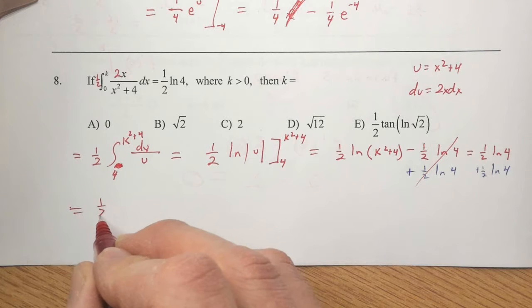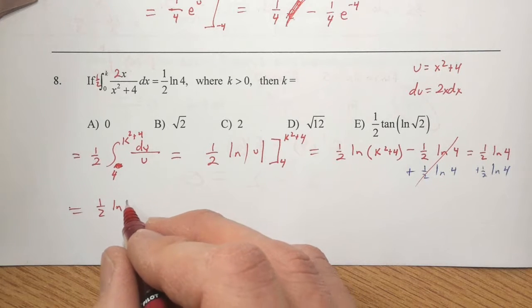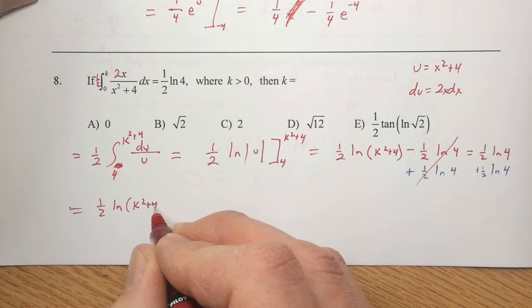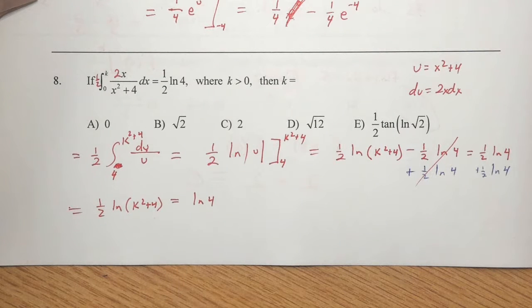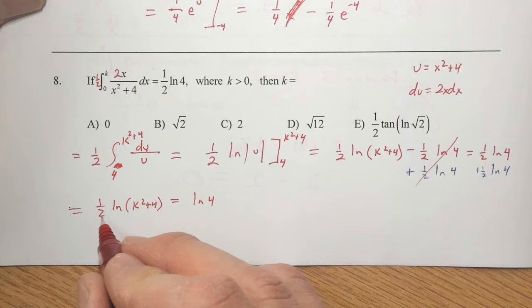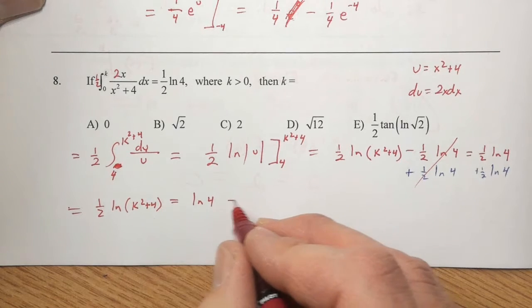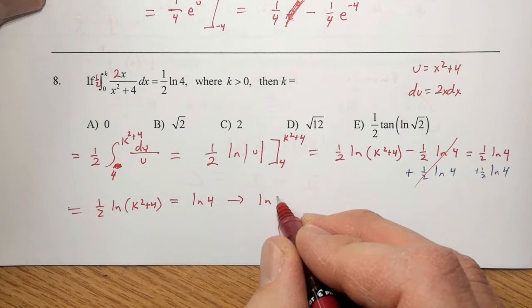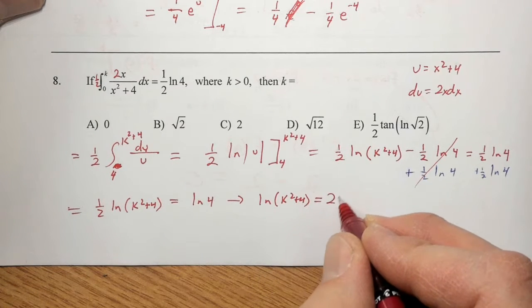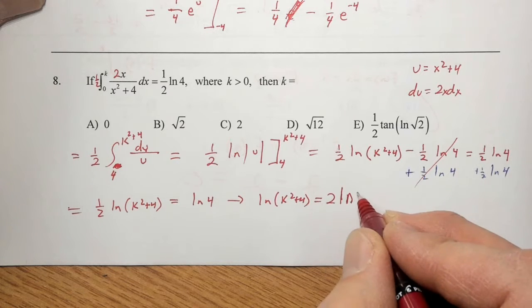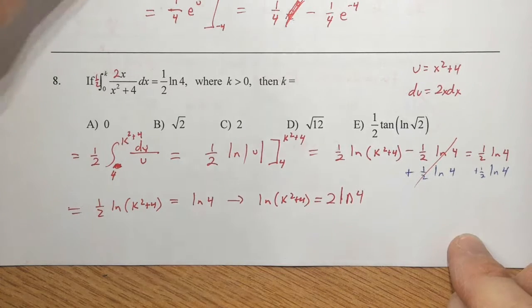So we have 1/2 the natural log of k squared plus 4 is equal to the natural log of 4. And then we can get rid of the half. So that means that we have the natural log of k squared plus 4 is equal to twice the natural log of 4.